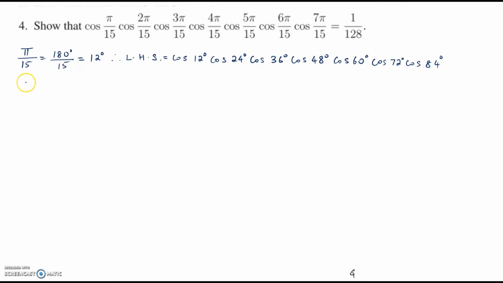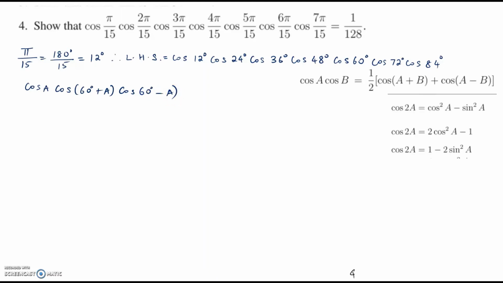Let us consider the expression cos A, cos 60 degrees plus A, cos 60 degrees minus A. Let's bring to our memory some of the formulas.